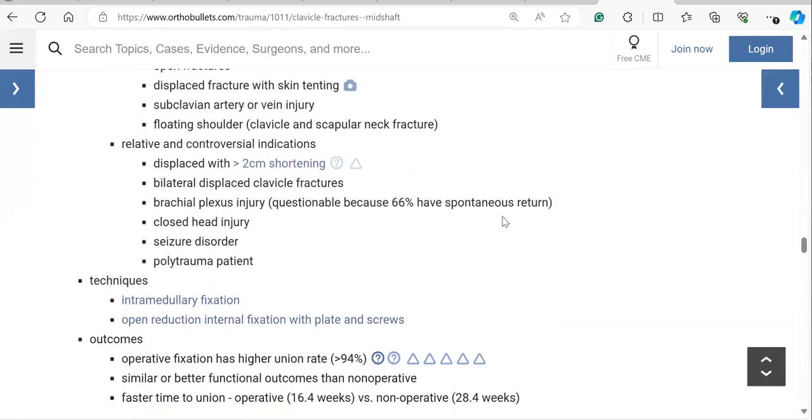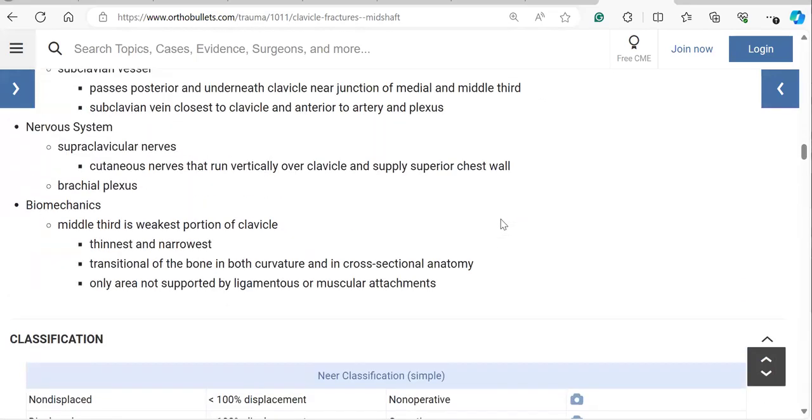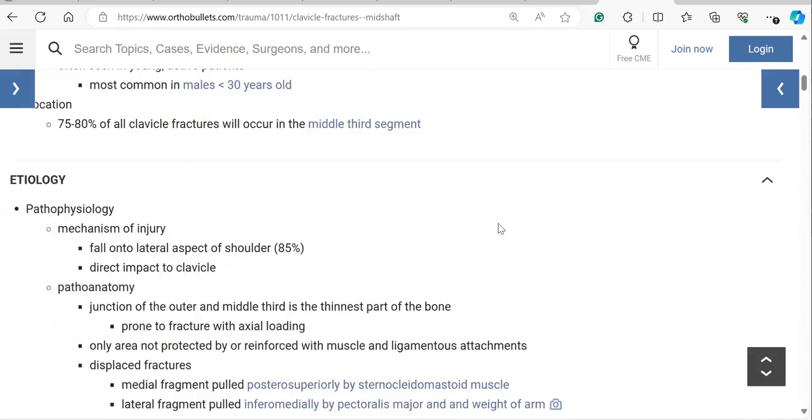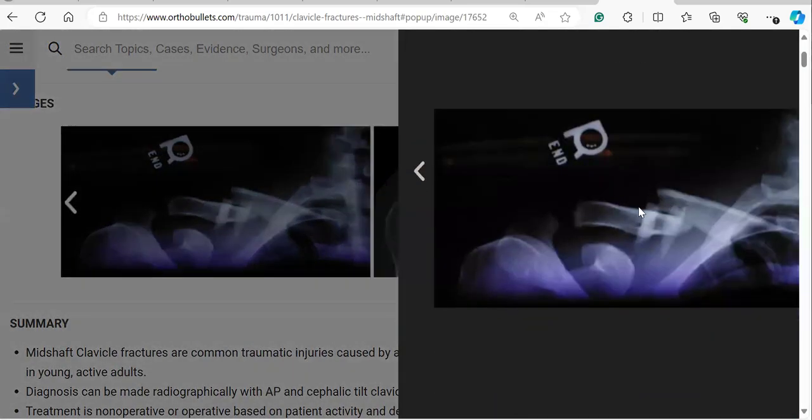Okay? So remember one thing, that even if it is fully displaced like this, sometimes if we can do reduction and put the bone to bone together, then sometimes we go for sling without putting anything inside. So that happens.